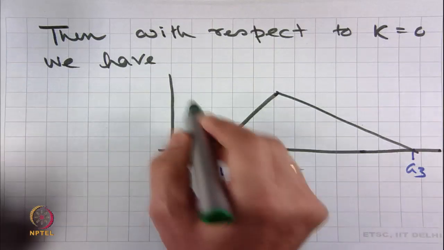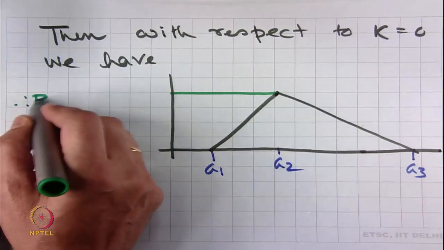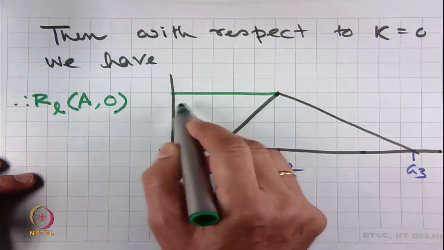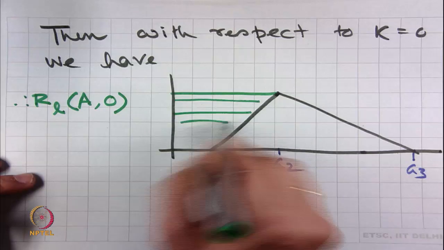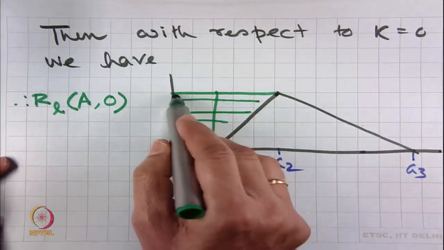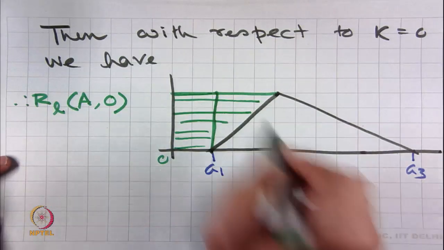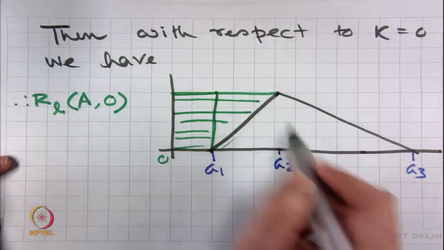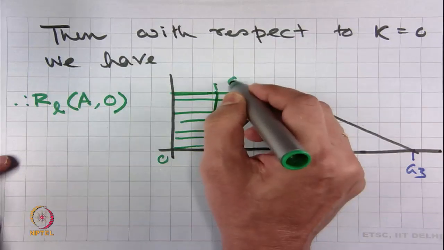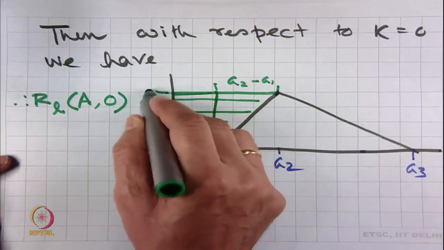Therefore, R L of A comma 0 is this area, which is this rectangle whose length is A1, and this area of this triangle where this length is A2 minus A1 and this length is 1.